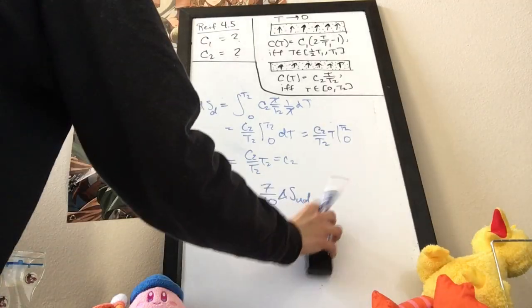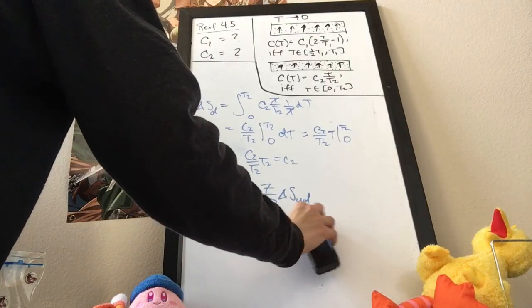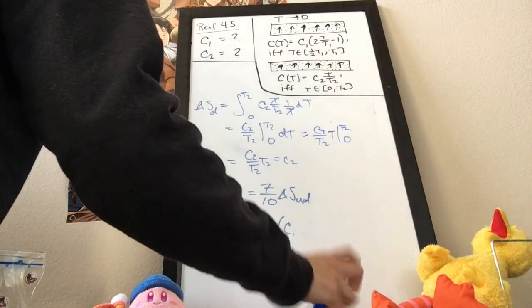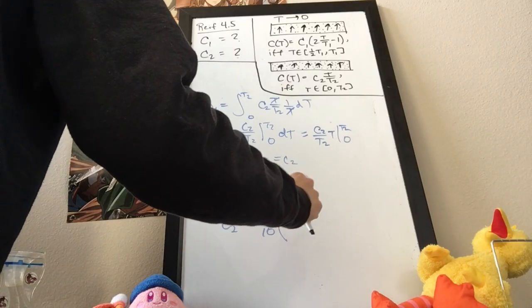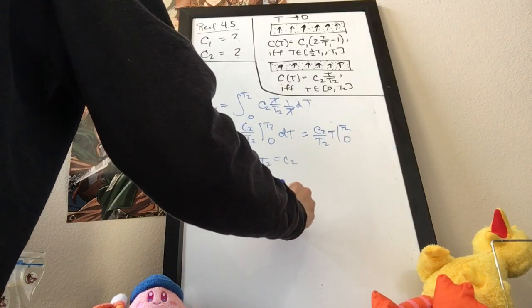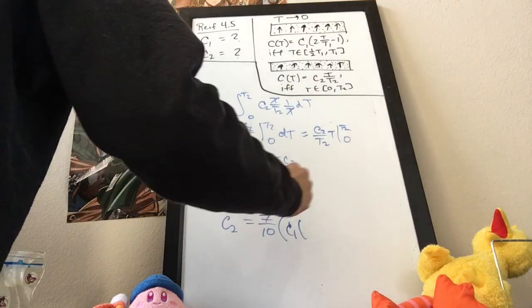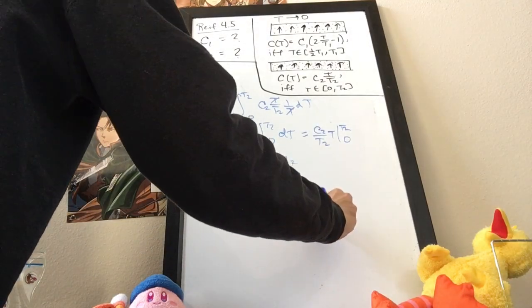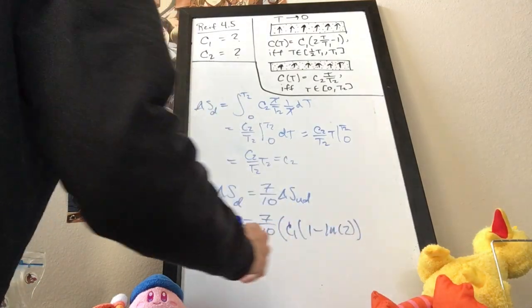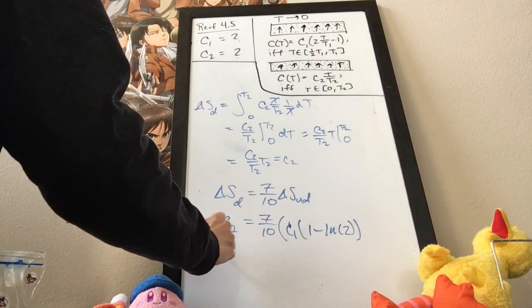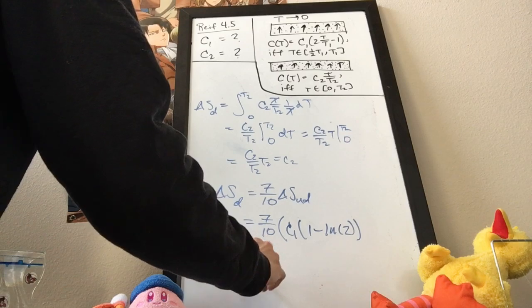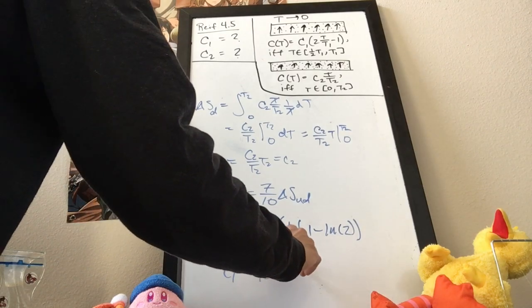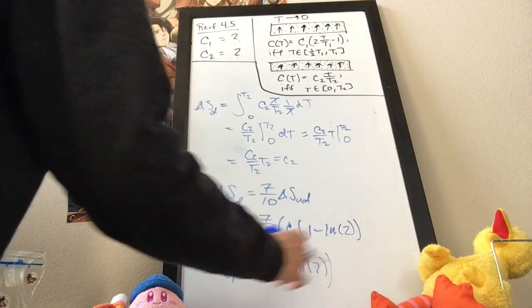Once again, putting the cart before the horse. And then we just divide both sides. So we get C2 over C1 is equal to 7/10 times the quantity of 1 minus the natural logarithm of 2, which is a scalar.